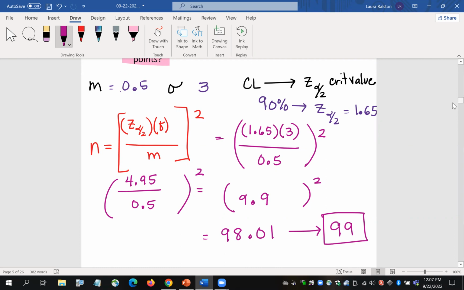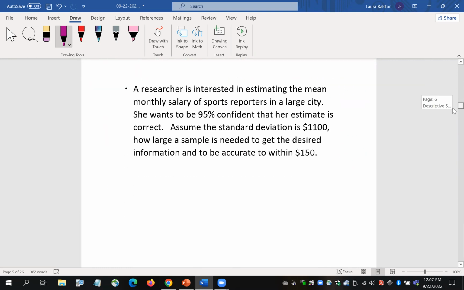All right, let's do one more of those. A researcher is interested in estimating the mean monthly salary of sports reporters in a large city. She wants to be 95% confident that her estimate is correct. Assume the standard deviation is 1100.